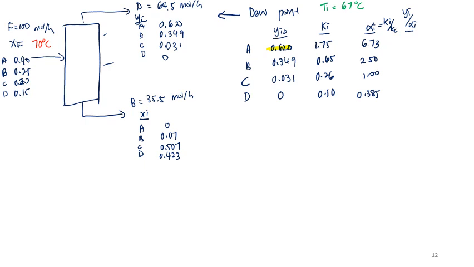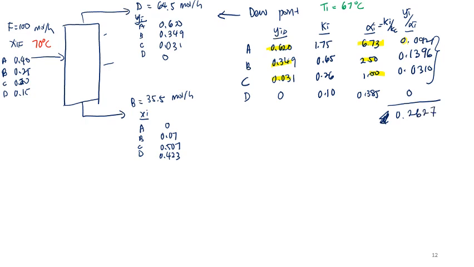Then you calculate what would be the yi divided by alpha I for each component. Then you key in the values in the table, 0.0921, 0.1396, 0.031, and 0. Then you calculate the summation of these values. You get 0.2627.